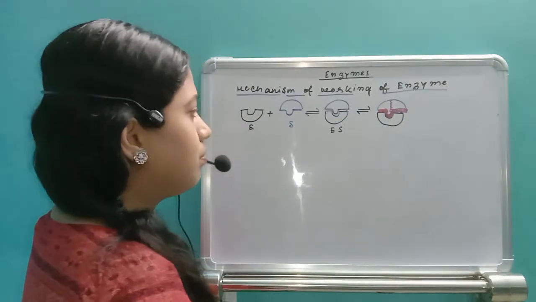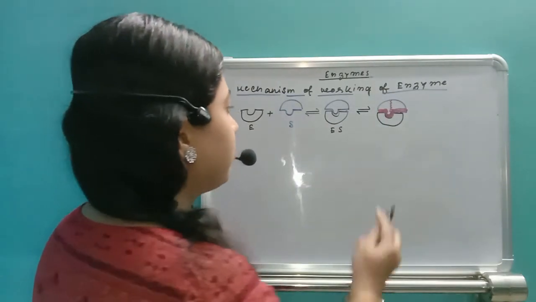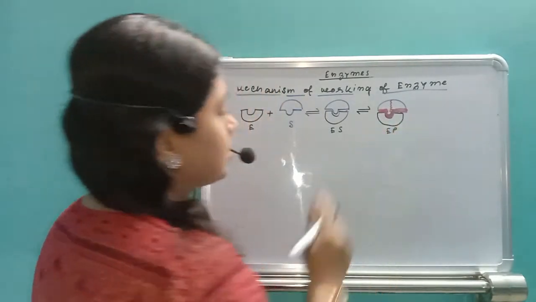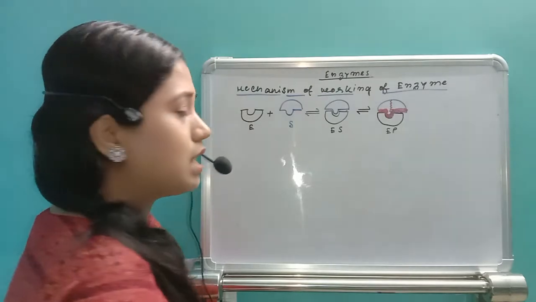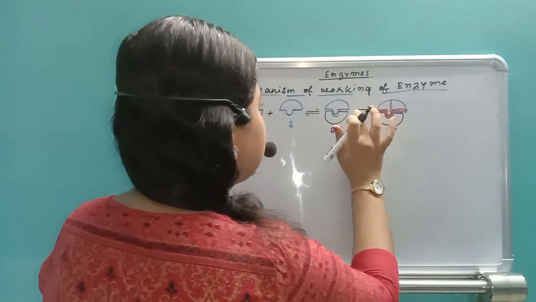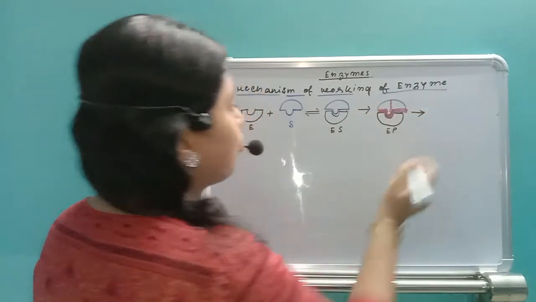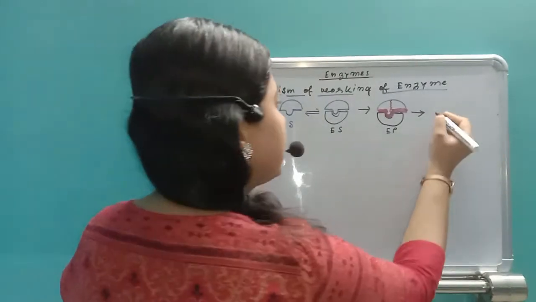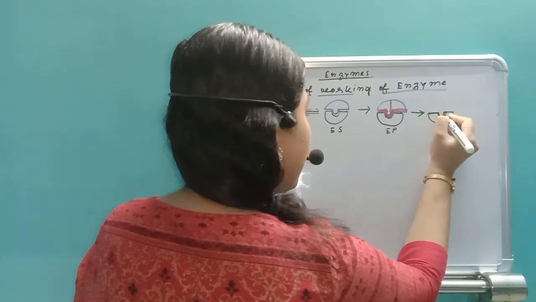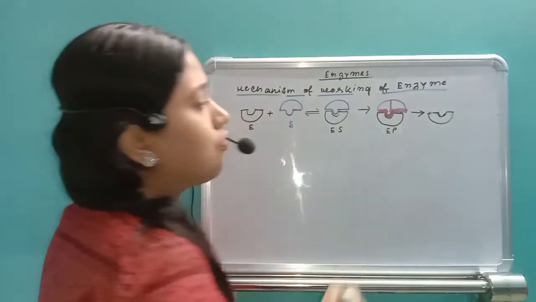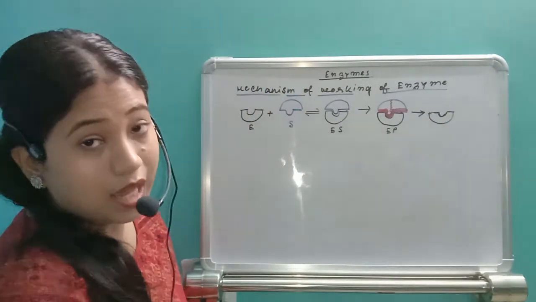So this state will be called the enzyme product state. Then in the next step, the product will be formed and the enzyme will be released, and now it will be available for other reactions to be carried on.